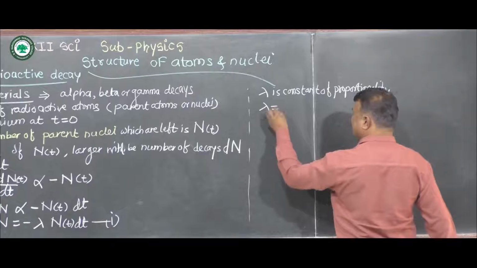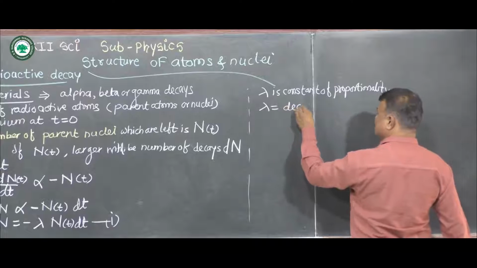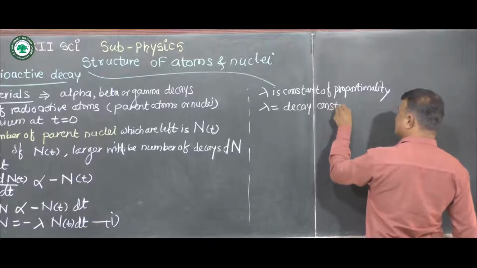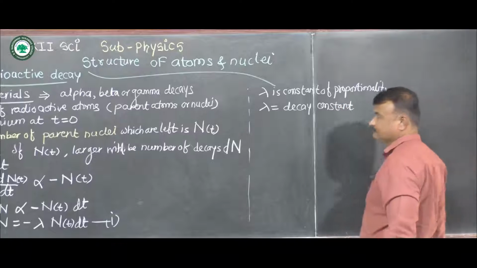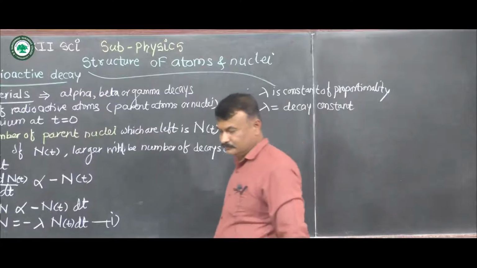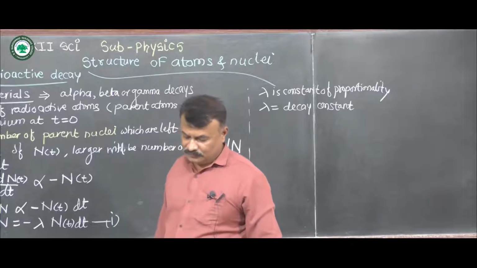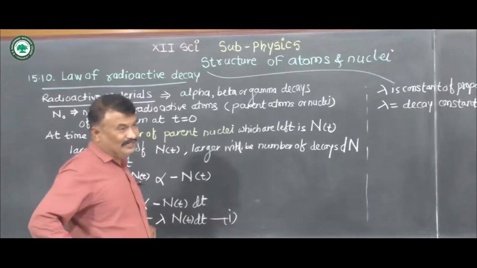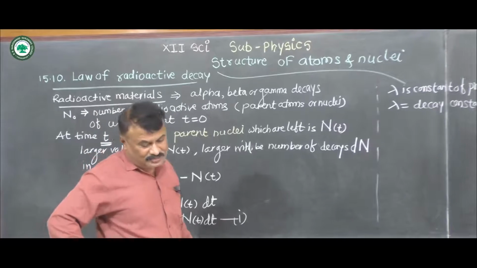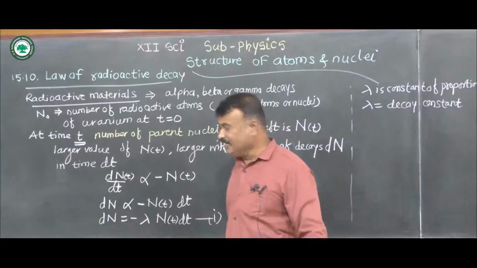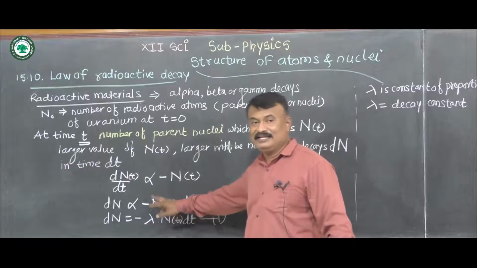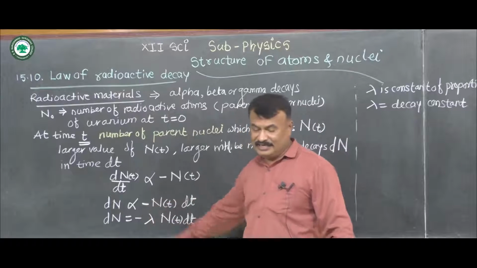So we write lambda is equal to decay constant, or it is also called the constant of proportionality. Now we know that there is a negative sign. Why is there a negative sign? Because Nt is decreasing with time, therefore there is a negative sign.